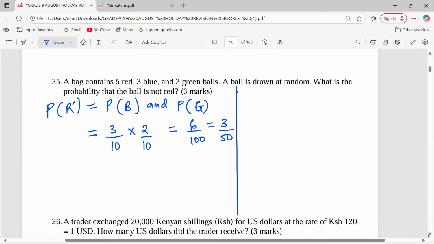Otherwise, we can say that probability not red means 1 minus probability red. So not red would be 1 minus probability red. This is 5 out of 10, becoming half.